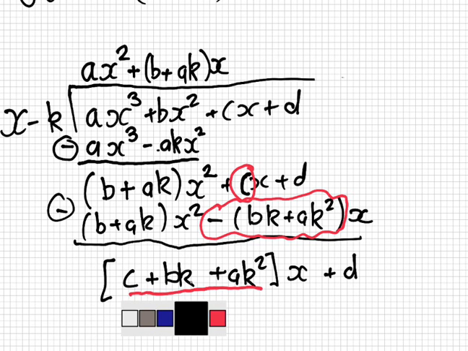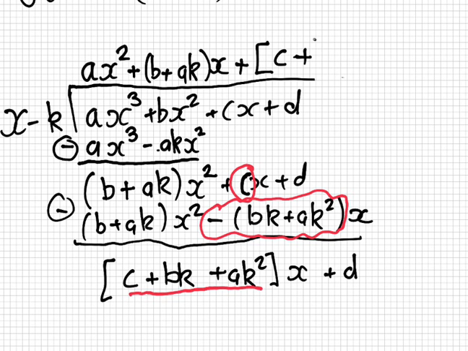Yeah, okay. And lastly, what do I need up the top here? I would need all of this again, wouldn't I? So I get c plus bk plus ak squared.